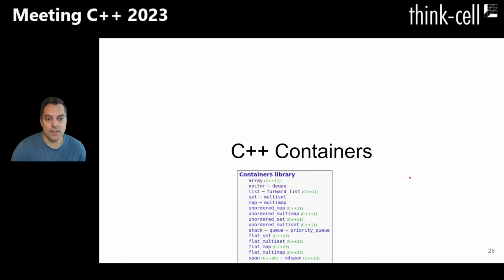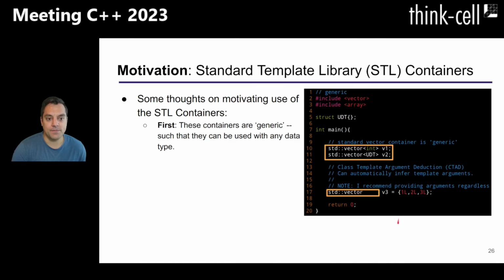And again, with C++ containers here, the motivation for using these versus, say, building your own data structures is that you get these powerful, already built data structures available with your C++ compiler. So again, they're generic in the sense that I can just have, for instance, in this vector, which is one of the containers we'll talk about, a collection of integers.